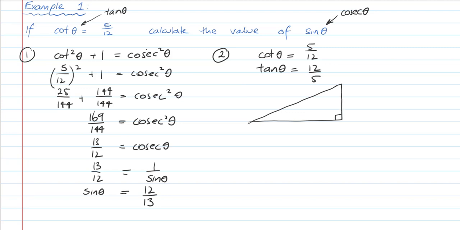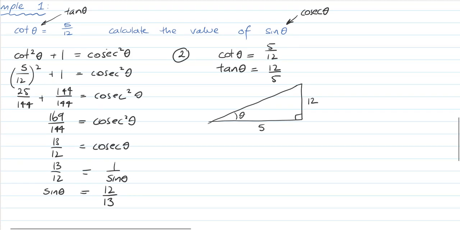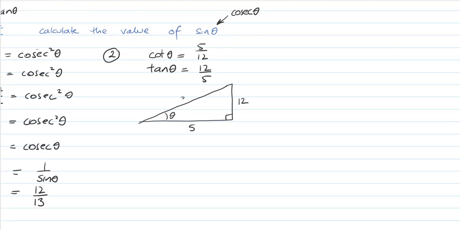In this particular right angled triangle, if that's theta and tan theta is opposite over adjacent, I get 12 and 5. Now you can see my scale's terrible, but that's okay. I do a little bit of Pythag, and I get x squared is equal to 12 squared plus 5 squared, which is equal to 169, and therefore x equals 13.